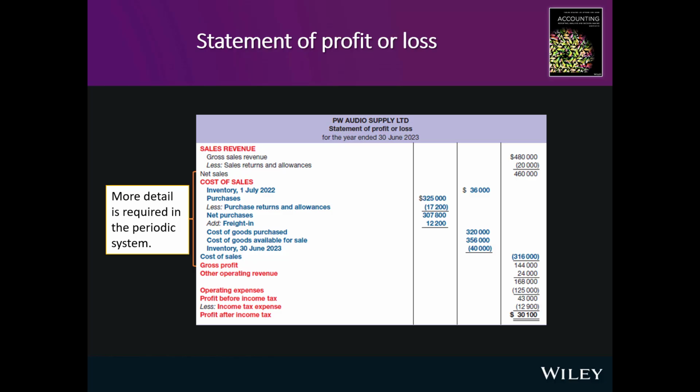You will have cost of goods purchased, cost of goods available for sale, and then closing inventory deducted. You will have cost of sales. So in periodic, it's a much lengthier, more detailed presentation of cost of sales. But for perpetual, because we are only using one single item for tracing inventory and recording the cost, the cost of sales will only be presented as one line item, not unlike this, where we have around 8 to 10 line items.